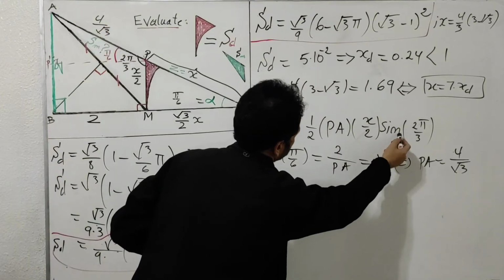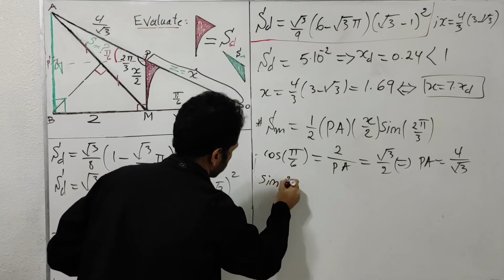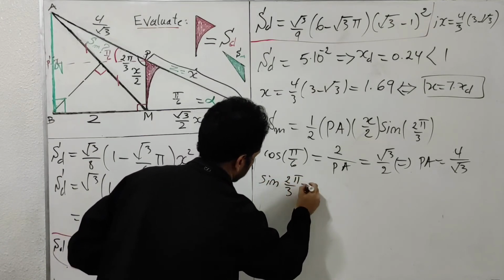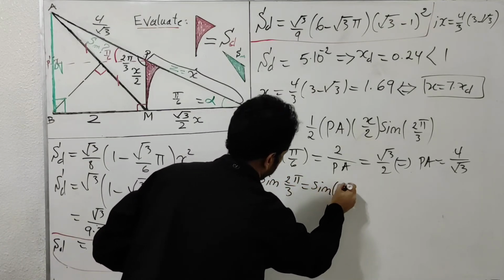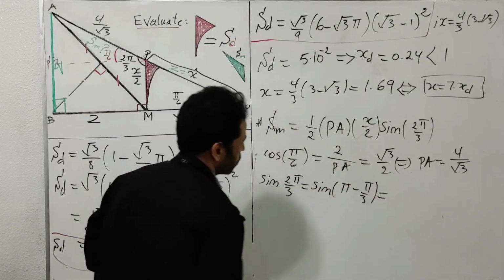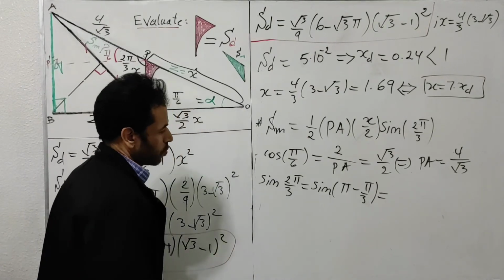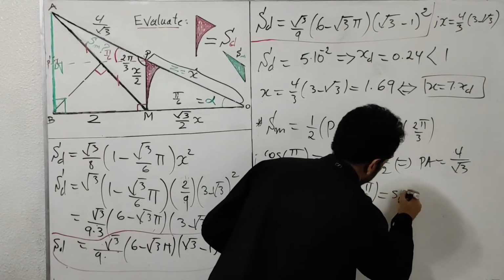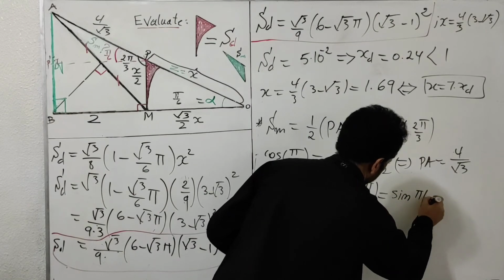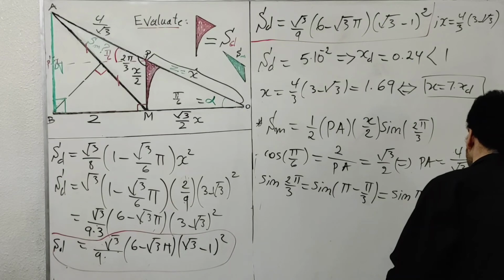I need the sine of 2 pi over 3. So the sine of 2 pi over 3 equals the sine of pi minus pi over 3. It's a well-known formula. Sine of pi minus pi over 3 equals sine of pi over 3, which is square root of 3 over 2.